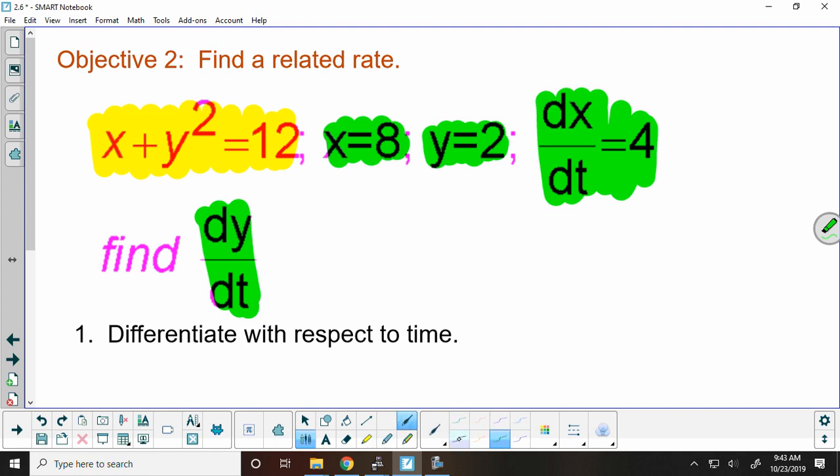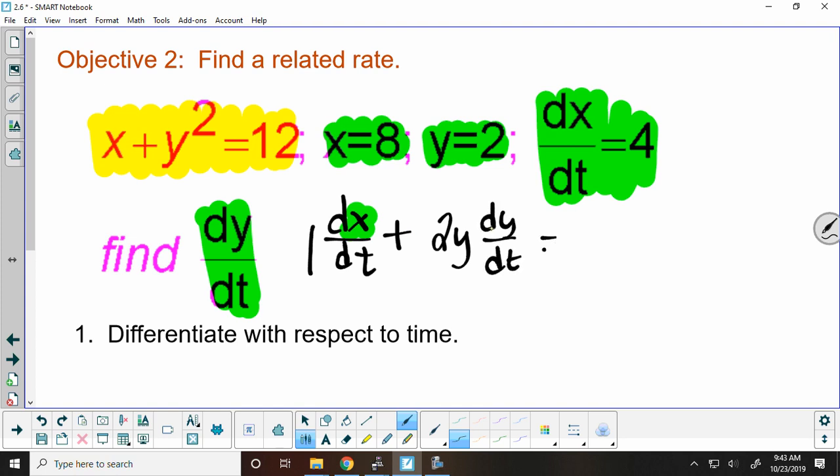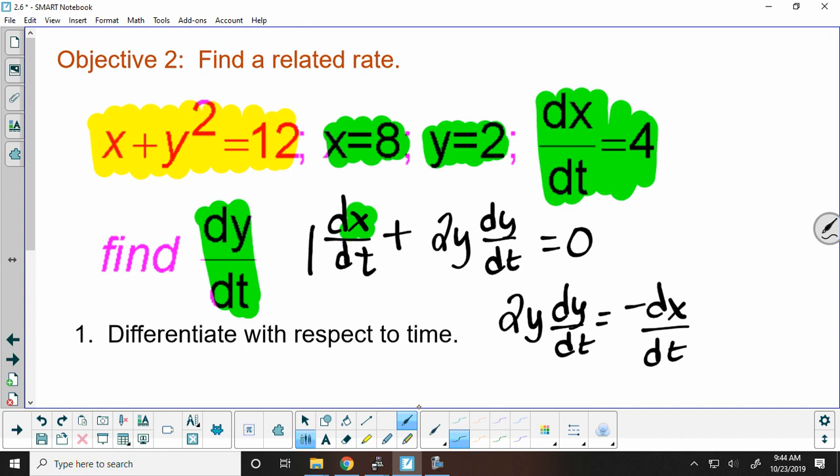What's the derivative of x? 1 what? dx over dt. What's the derivative of y squared? 2y what? dy over dt is equal to what? 0. So I've got 2y dy over dt is equal to a negative dx over dt. So what am I going to do with this 2?